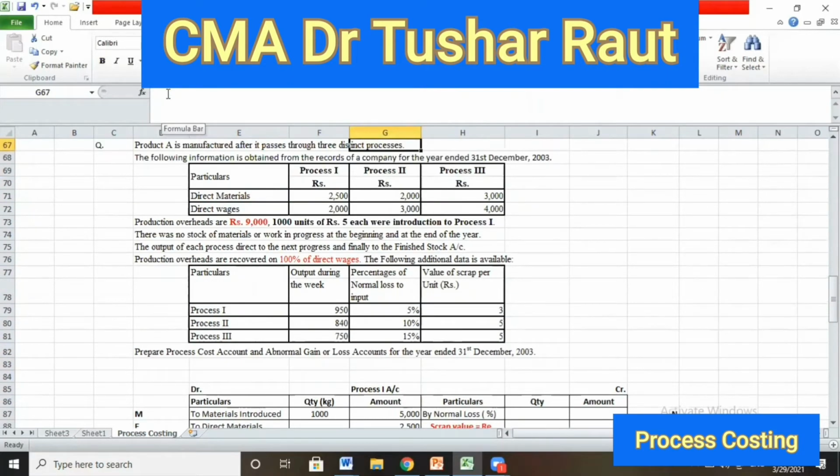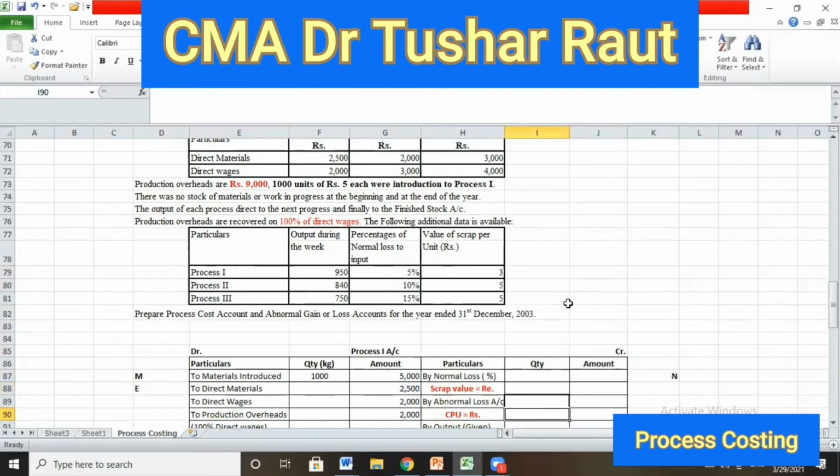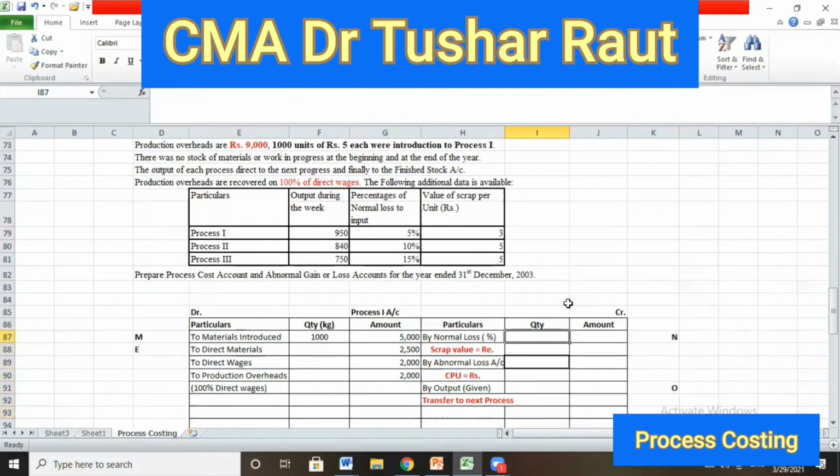So this is your debit side: ME, material introduced and all kinds of expenses, 1, 2, and 3, the production overheads we mention over here. Now N stands for normal loss. Here the percentage of normal loss for process 1 is given as 5%.